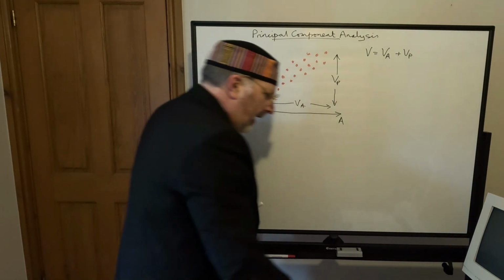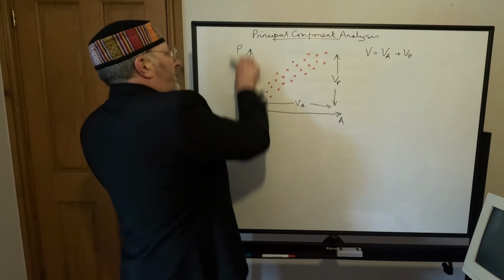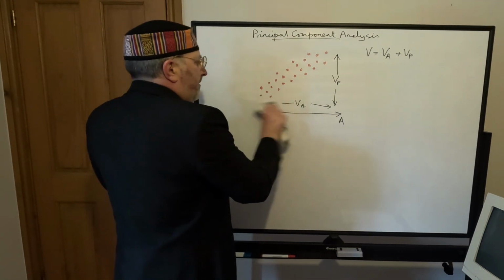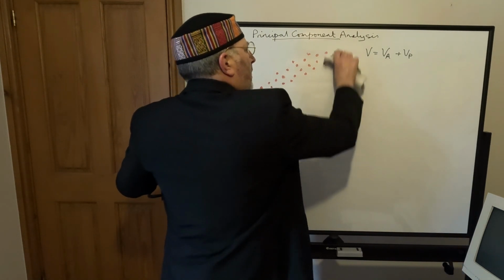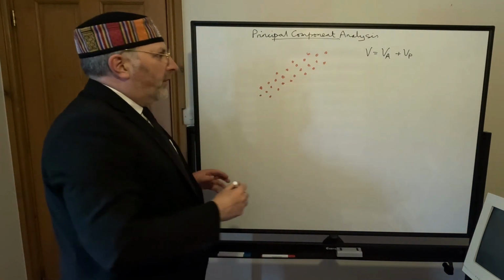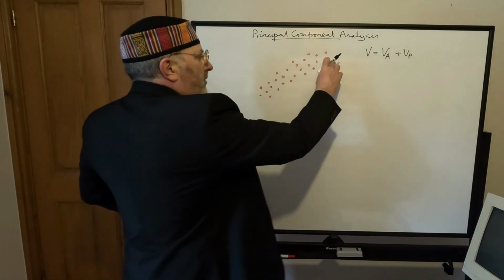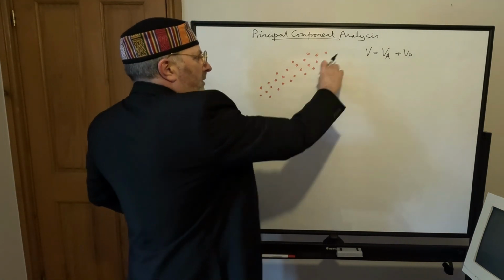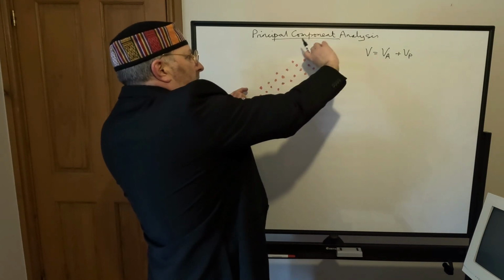And how we're doing that is, if we get rid of these axes, population and area, we want to choose an axis that maximizes the variance. Well, it's going to be along this direction, because the points vary most in that direction.